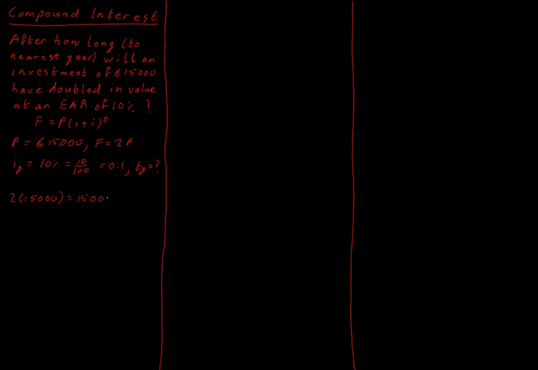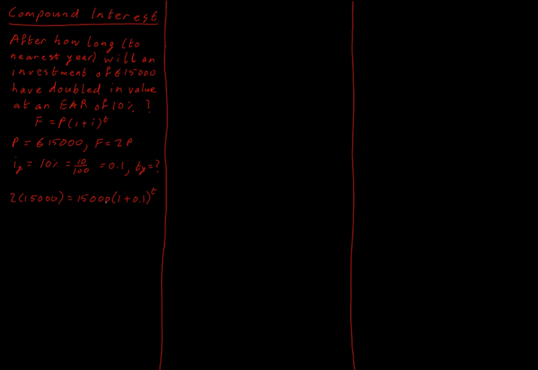And we have 15,000 for our principal on 1 plus I yearly is 0.1. And we're looking for T in years, which I'm just going to call T. So I don't have to write as much, but we know that that is what we're looking for.